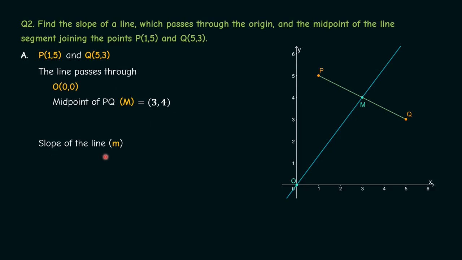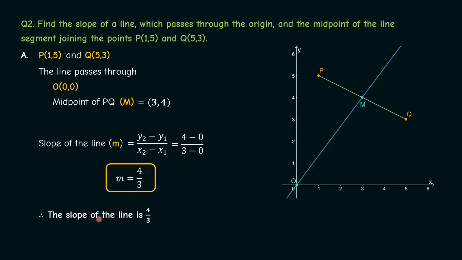And for the slope of the line OM, the formula to find slope is (y2 minus y1) by (x2 minus x1). Using this formula, we can find the slope of OM with points (0, 0) and (3, 4). So y2 minus y1, 4 minus 0, x2 minus x1, 3 minus 0. That gives the slope of the line as 4 by 3.